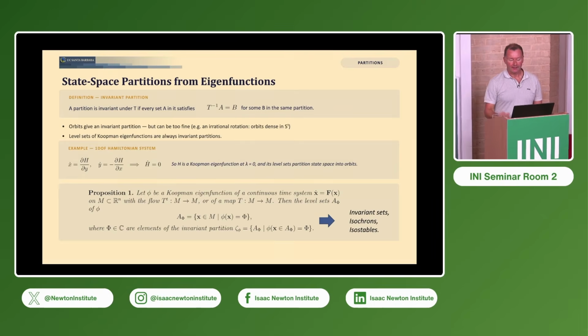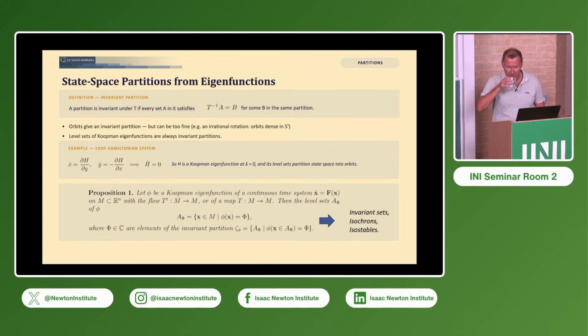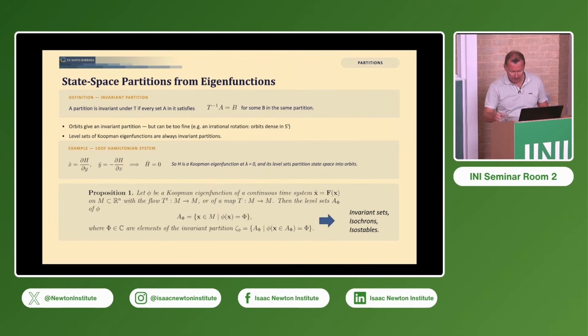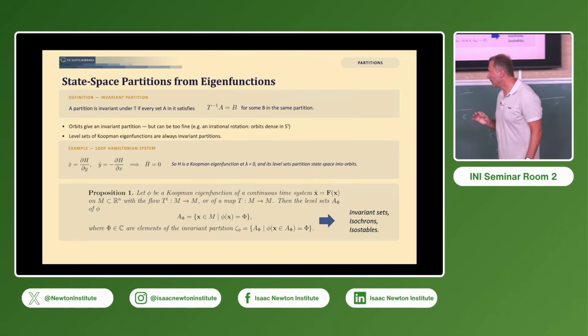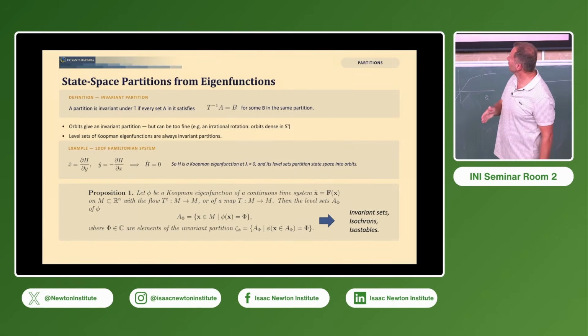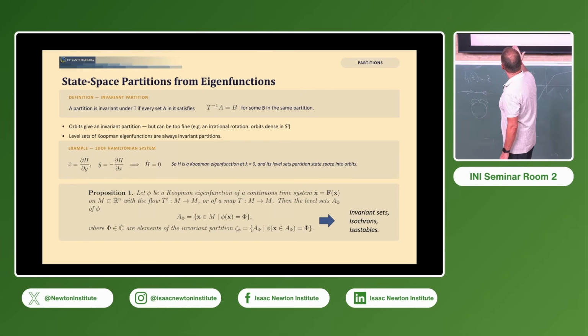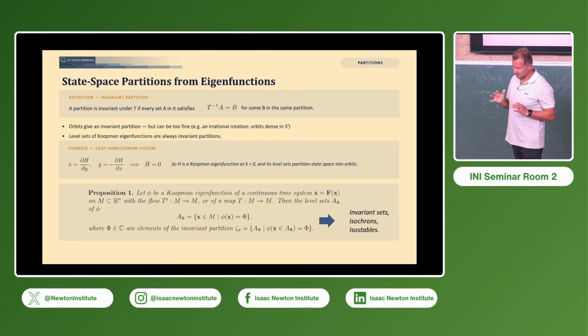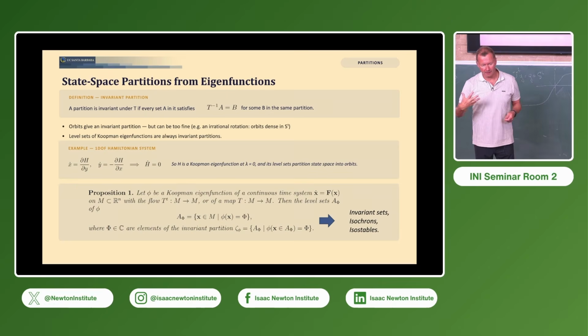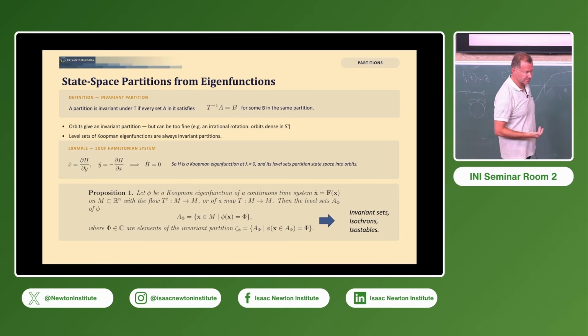All right. Before I do that, let me generalize the idea that energy is an eigenfunction of an arbitrary Hamiltonian system. There is quite a useful concept in dynamical systems, and that is the concept of partitions.